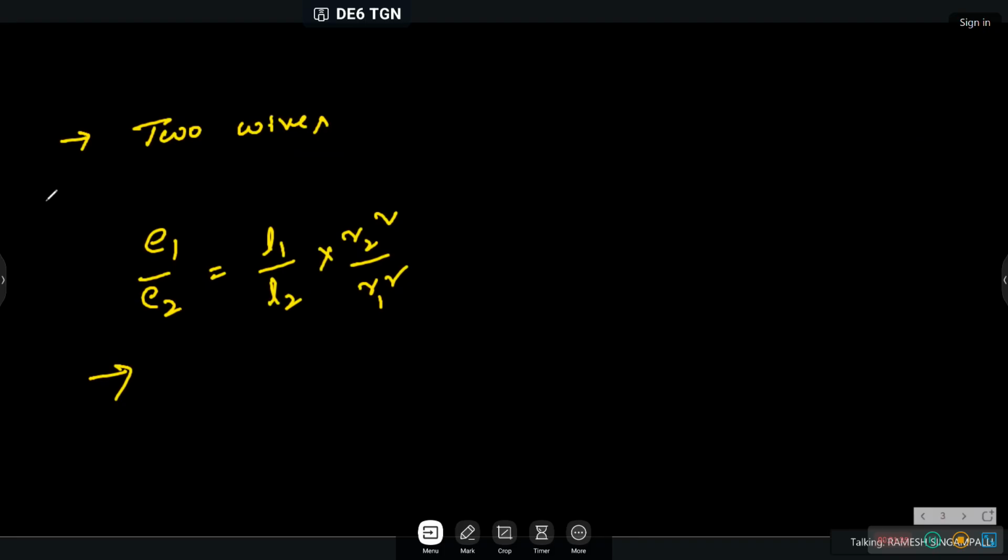Then the ratio of their elongations E1 by E2 is L1 square by L2 square into M2 by M1.